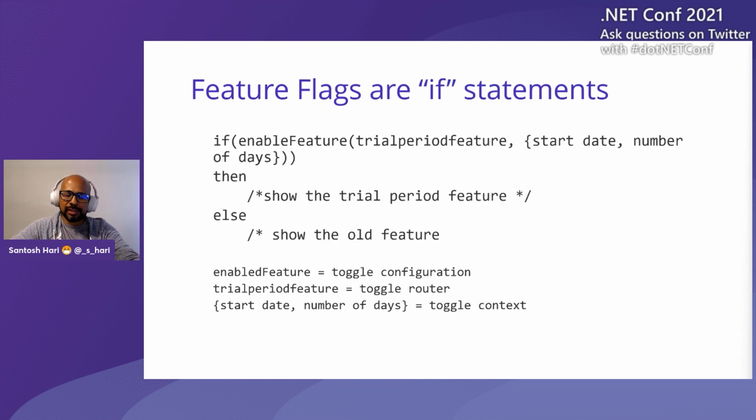So if you look at this, feature flags are basically if statements. It's a decision point in the behavior of your application, and it changes the way your application behaves. So what a feature flag does is it will either trigger or hide code and behaviors. And you can do this without shipping new versions of your software.